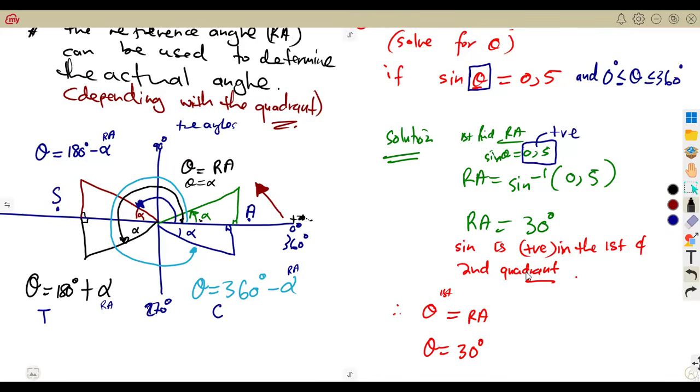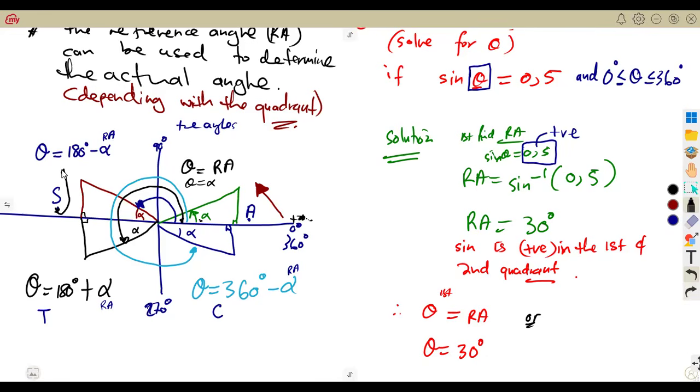But are we done? No, because we still have another theta, which is supposed to be taken where sine is positive. In which quadrant again? The second quadrant. Remember, this is the quadrant for S, sine.